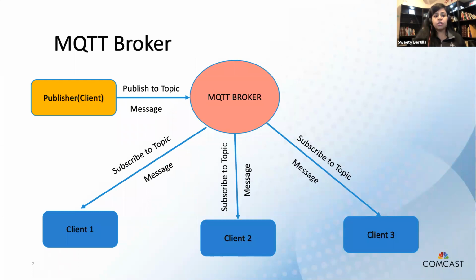The publisher is a client who publishes a message to a topic, and MQTT takes that and transmits it to all the clients who are subscribed to the topic. This way, it forms a decoupling so that the publisher doesn't have to know about the end clients. It just publishes and forgets, and the MQTT broker takes care of delivering to all the clients which are subscribed to the topic.